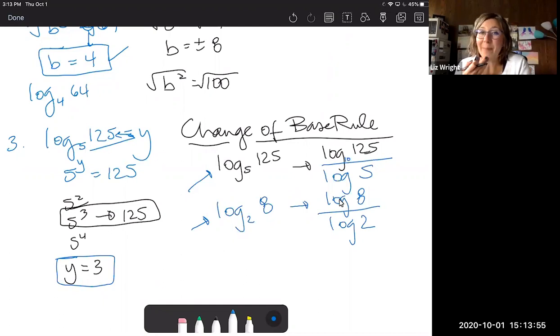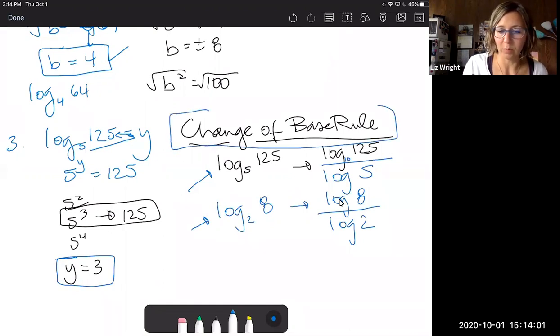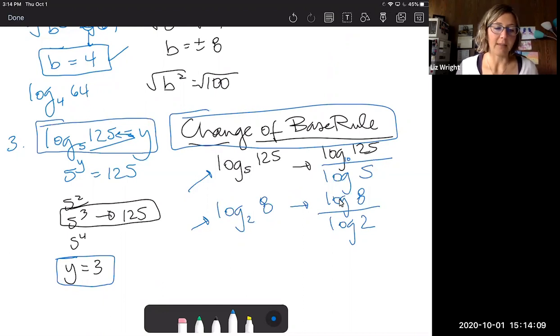So make sure that that's coming out right in your calculator. Your calculator is possibly going to be different than mine. But here's your change of base rule that works anytime we have this situation. Remember we started with log base 5 of 125. Let's just use our change of base formula and figure it out and stop doing guess and check.